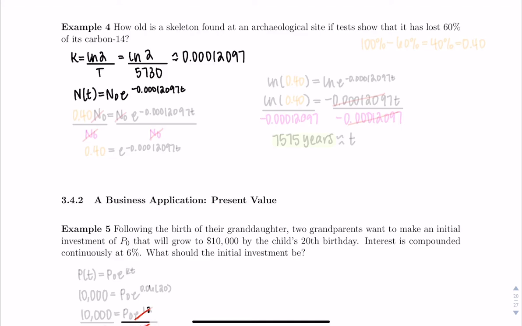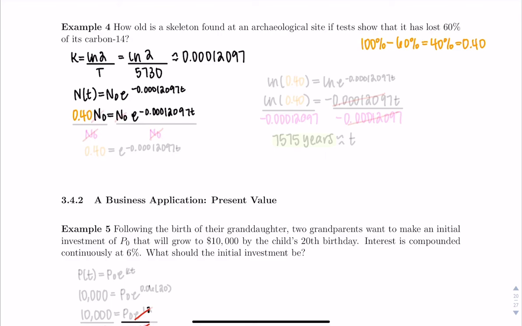This time it had lost 60%, which means that there is 40% remaining, or 0.4 of the original. So just like in the last example, we have 0.4 of the original amount, which we don't know, equal to N naught e to the negative 0.0001297t.